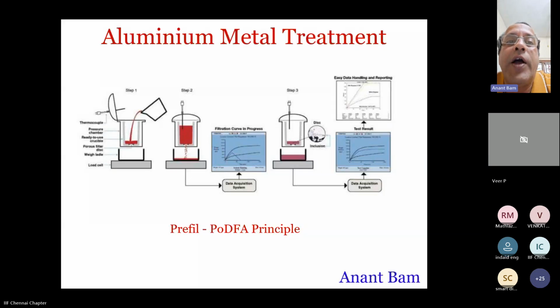Now, what is PoDFA? That is porous disk filtration apparatus or porous disk filtration analysis. This particular disk, the filter placed at the bottom, is the heart of this principle. It is designed to choke, and once it gets choked, the metal is solidified and that sample is taken out along with the filter.